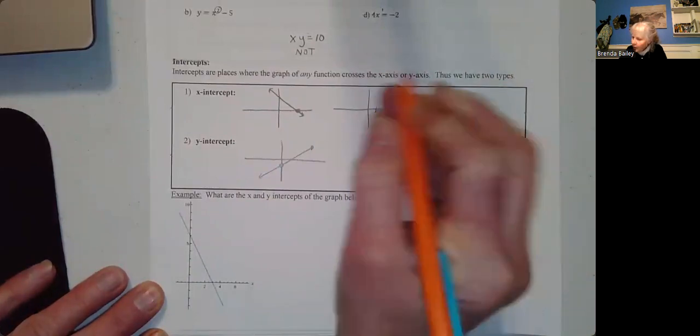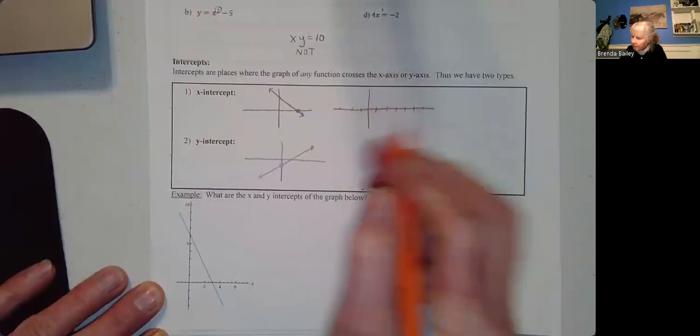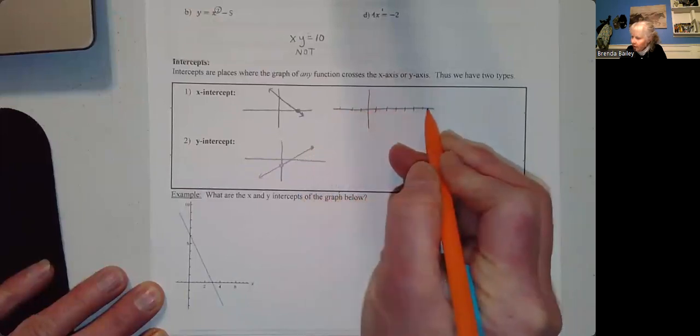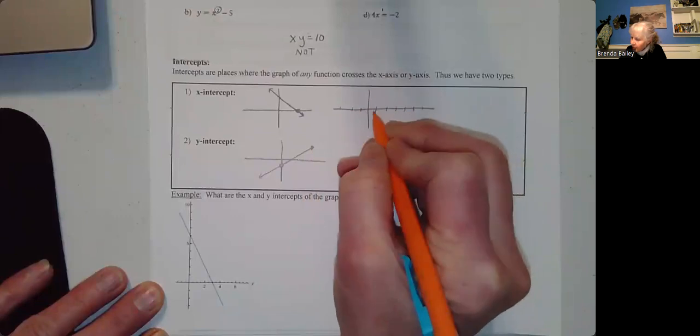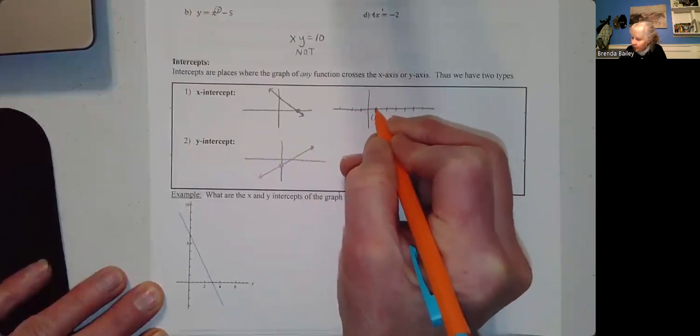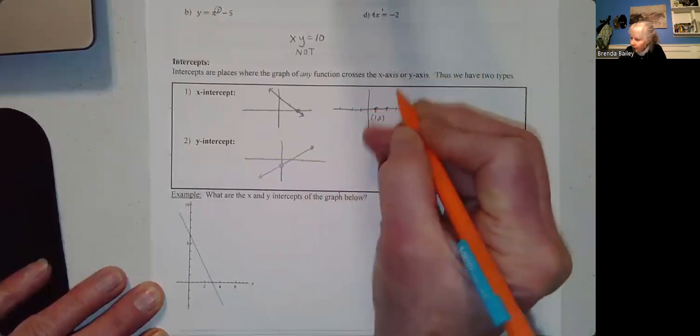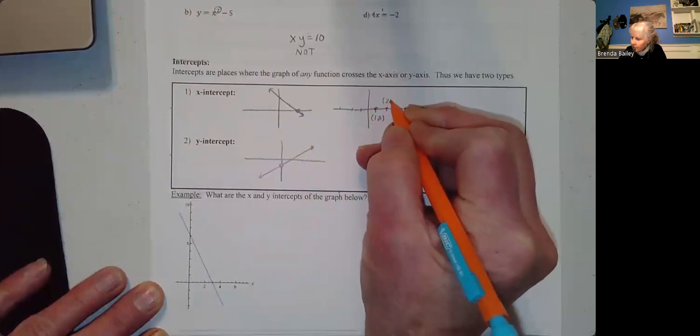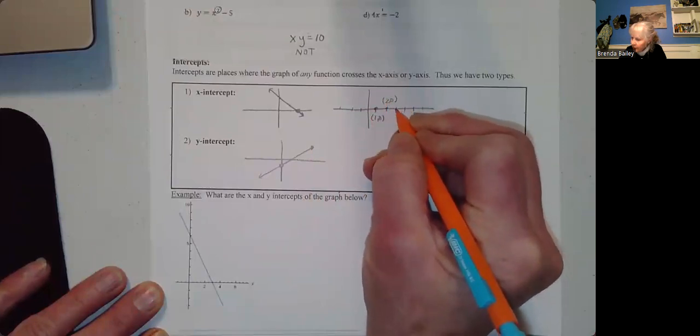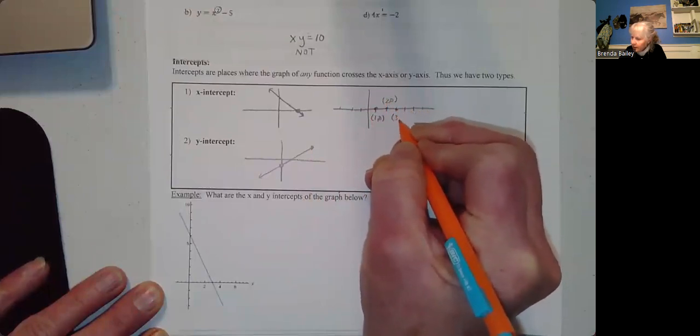Now, when we want to find the x-intercept, it's going to hit along here. Now, if you look at these ordered pairs, this is the ordered pair 1, 0. If you looked at this one up here, I'm going to put it above. This is the point 2, 0. Here, this is the point 3, 0.